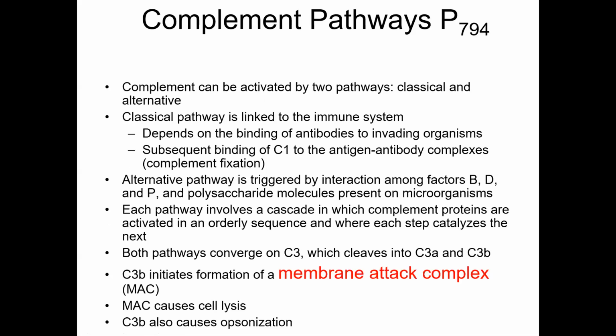Once this process is triggered, the complement proteins work like the coagulation factors, where one activation leads to the next. It's a cascade activation process, and eventually it forms a structure called the membrane attack complex, MAC.